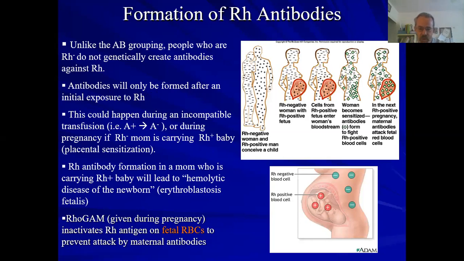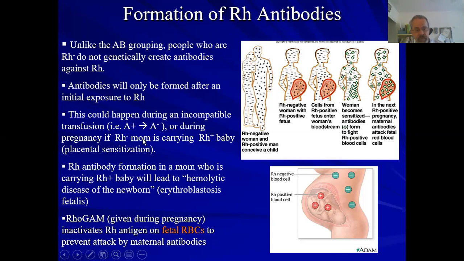With the ABO story, you already have antibodies against the antigen you don't have. These antibodies you will get during an incompatible transfusion. Say a person who's A positive donates to someone who's A negative, meaning this person has the Rh antigen, this person doesn't, and they will develop antibodies to it.